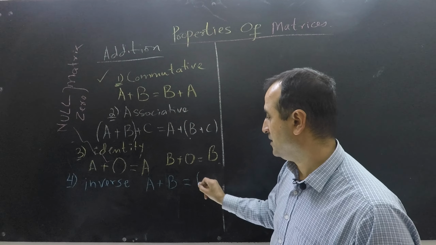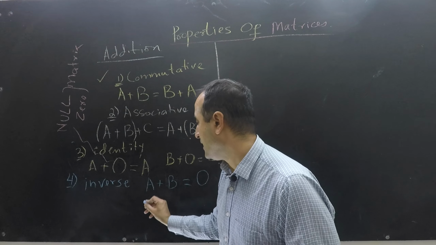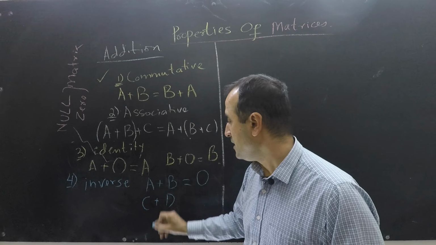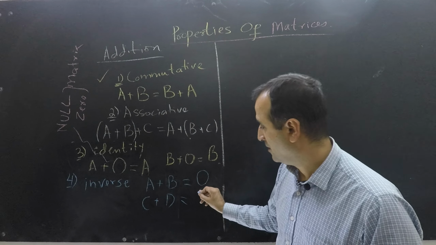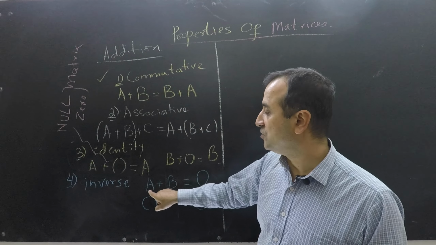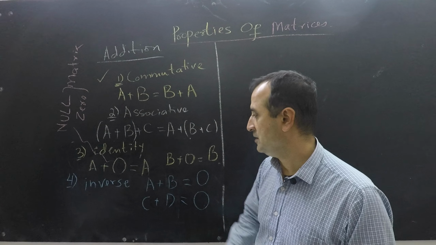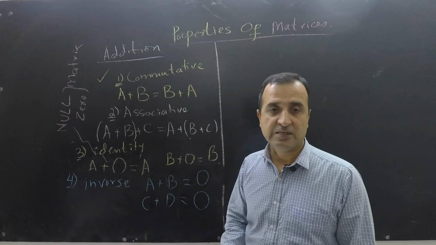So my result is the null matrix. Similarly, if I add to, let's say, C a special matrix D, then my result will be once again the null matrix. So we can say that B is the inverse of A, and D is the inverse of C.